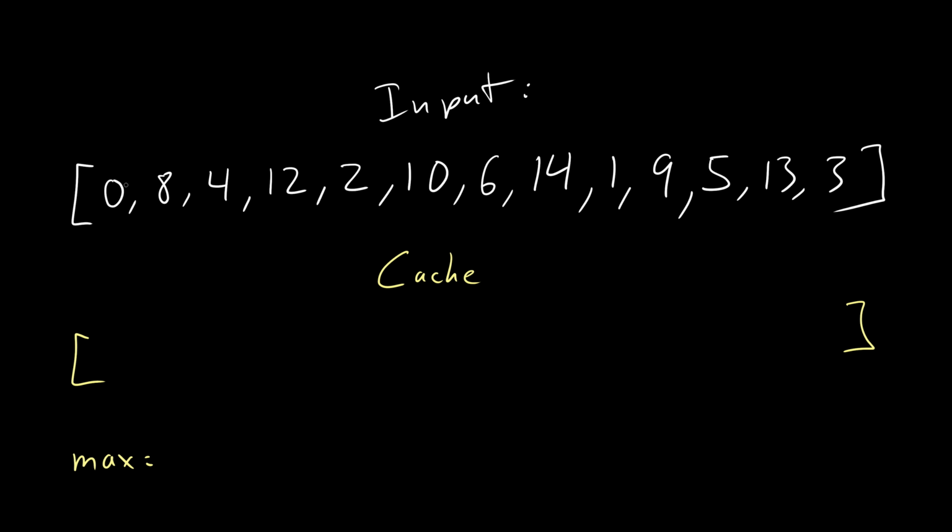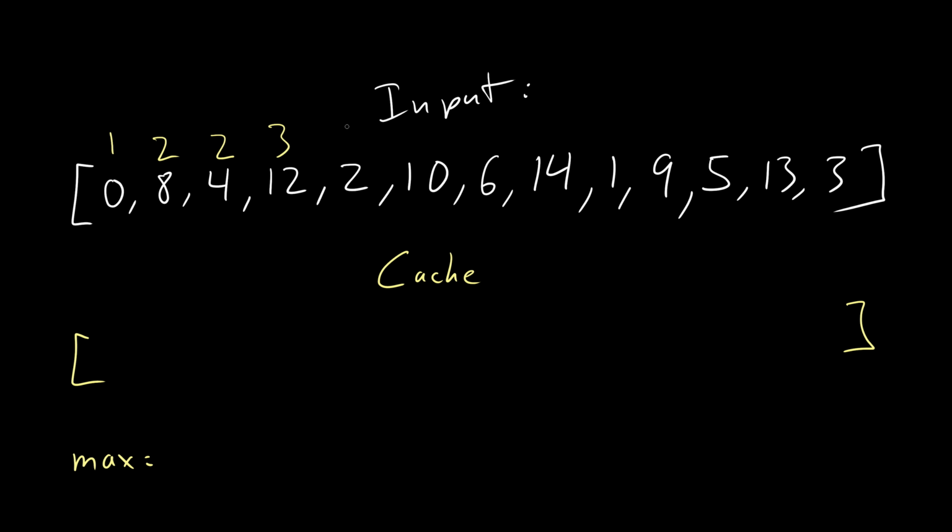For example, the answer for 0 is 1, because I can only get 0. For this subarray, it's 2 because I can have 0, 8. For 4, it's also 2 because I could only go 0 and then 4, or 0 and 8. That's the max size. And then for 12, it's 1, 2, 3, so it's 3 here.